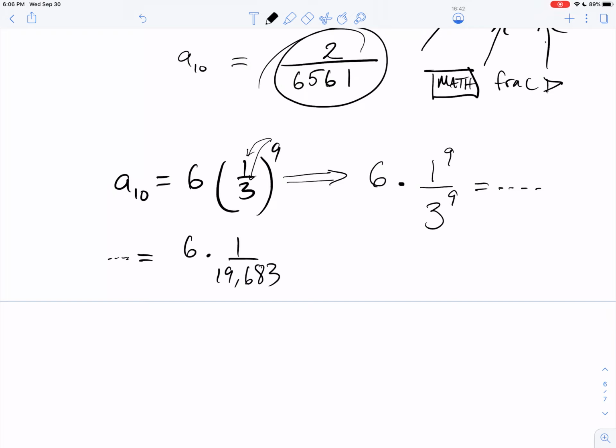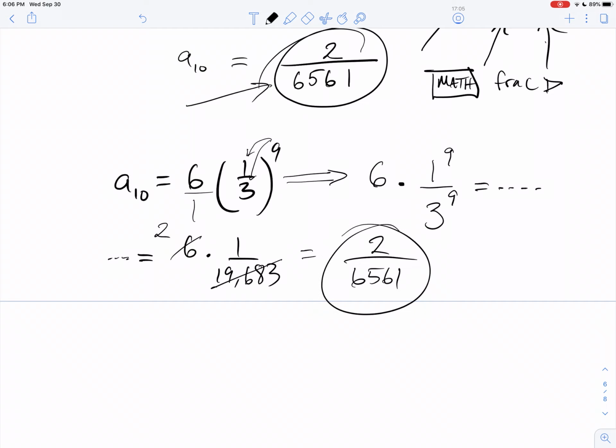But that's not the answer my calculator gave me. Well, that's because your calculator said, hey, don't forget, this number right here, this 6, 3 goes into 6 twice. 3 goes into this. Well, you can do it on your calculator if you want, but I'll tell you, 3 goes into that 6,561 times.